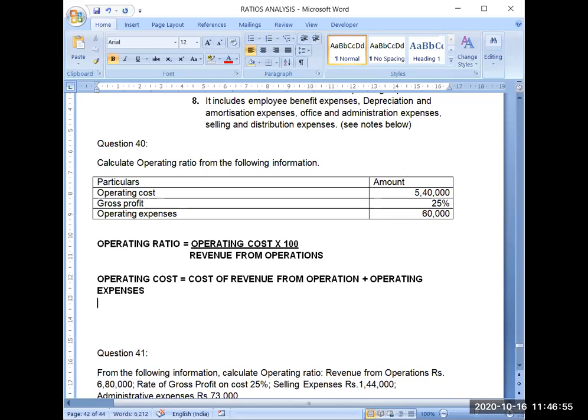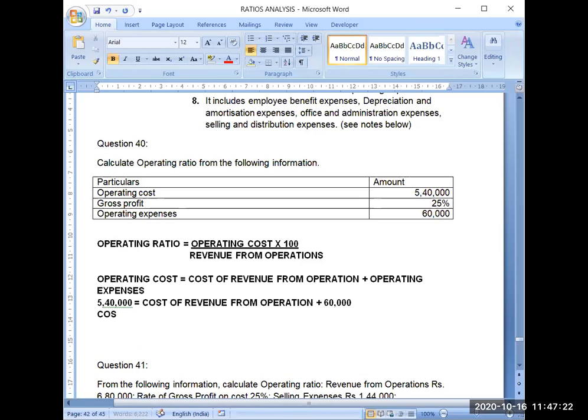Now operating cost is given 5,40,000. 5,40,000 is equal to cost of revenue from operation plus operating expenses are given 60,000.